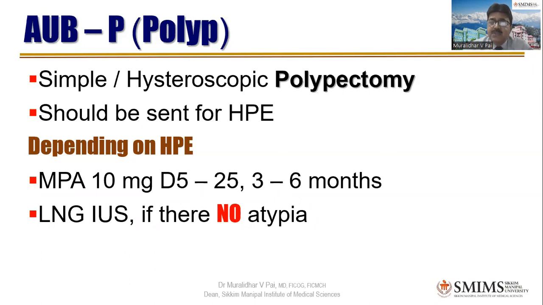She will slowly go into permanent amenorrhea. That's the aim actually. And the follow-up required is only after insertion, after 1 month, you call her to see whether the system is in place, and then once in a year only she has to come. After 5 years, probably you can remove it and reinsert if she's still young, and you think she still has some more time before she attains menopause.